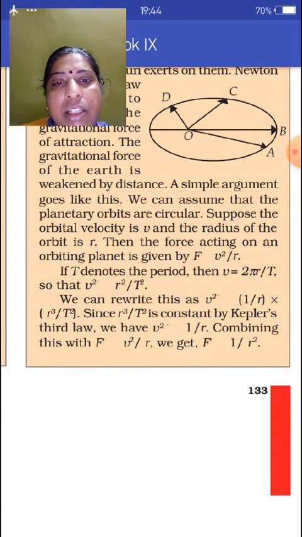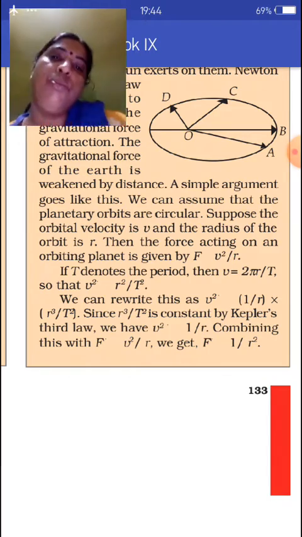We can rewrite this as v square is equal to 1 upon r into r cube upon T square, since r cube upon T square is constant by Kepler's third law. We have v square proportional to 1 upon r. Combining this, F is equal to v square upon r, we get F proportional to 1 upon r square.